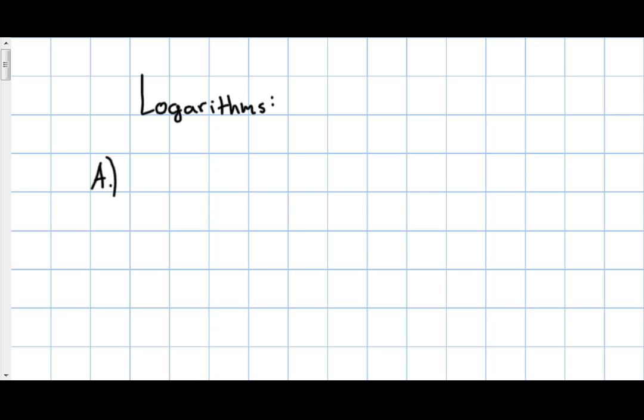Let's say this: a logarithm is sort of another way to write an exponent.